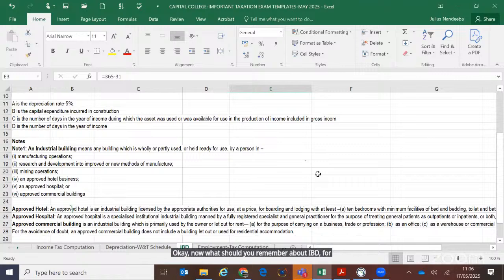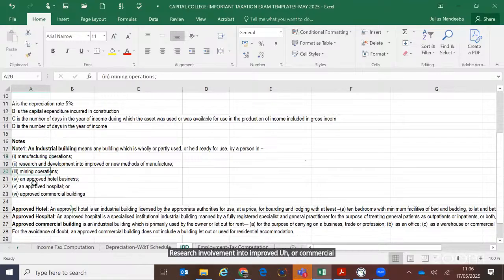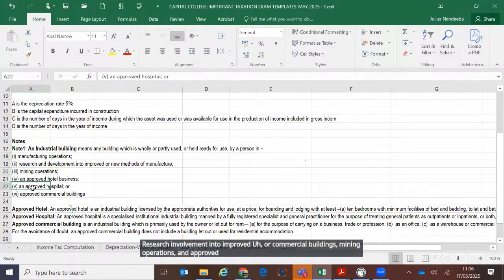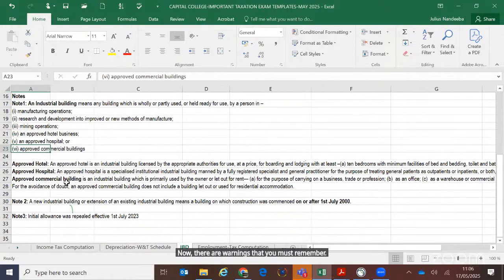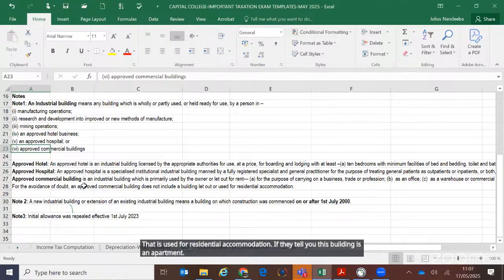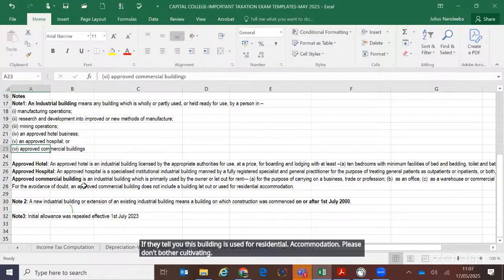Okay, now what should you remember about IBD? Say a building is an industrial building. It is either used in manufacturing operations, research and development into improved or commercial buildings, mining operations, an approved hotel business, an approved hospital, approved commercial building. Now, there are warnings that you must remember. If they give you a building that is used for residential accommodation, if they tell you this building is an apartment, please don't bother calculating IBD.